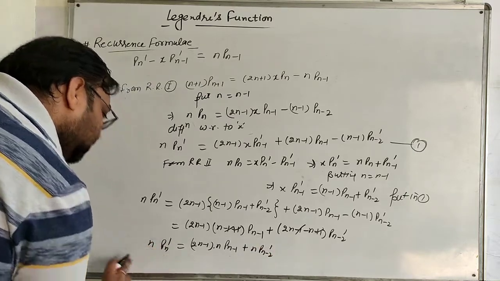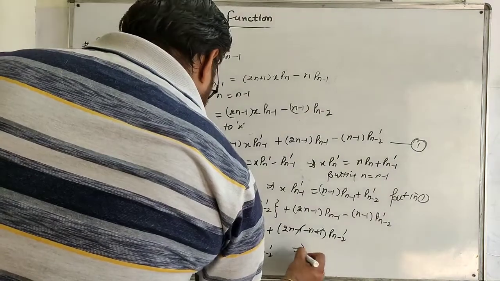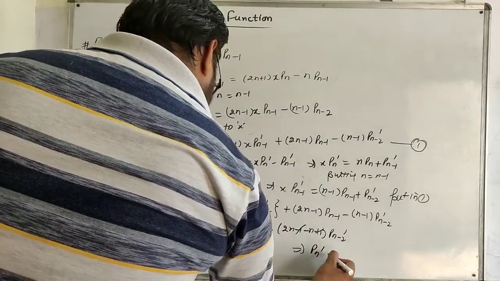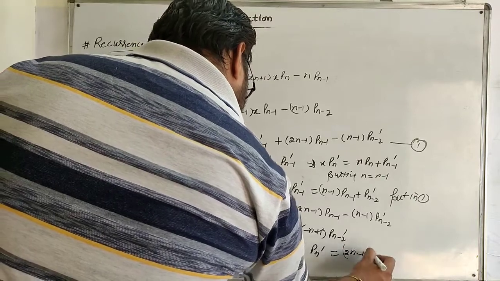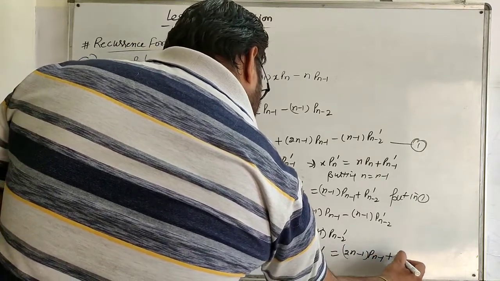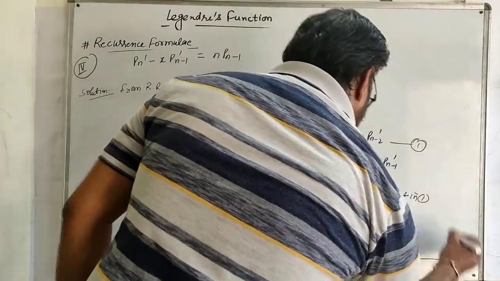So from this particular equation, n is multiplied in each term on both sides. So on removing this n, we get Pn' is equal to (2n minus 1) Pn-1 plus Pn-2'. Let it be equation number 2.